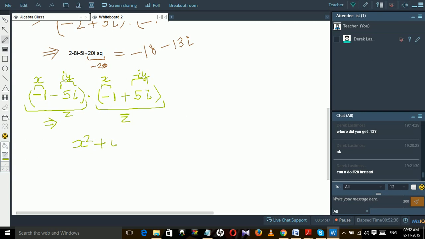Let's write down proper notations. So this is a complex number. When you multiply the complex number with its conjugate, that gives only the square of the real parts, as we just looked at.